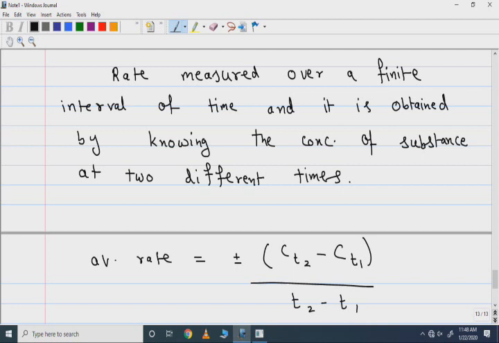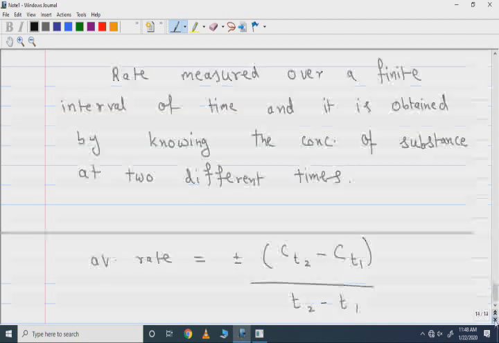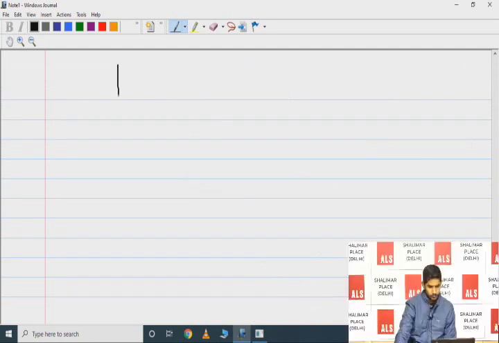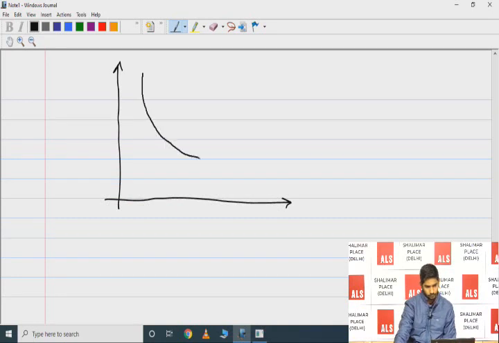Done. Now look at this. This is a graph for the reactant. It is gradually decreasing. Here concentration and here time.